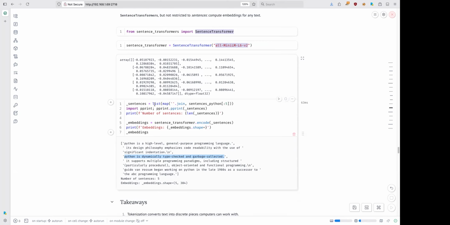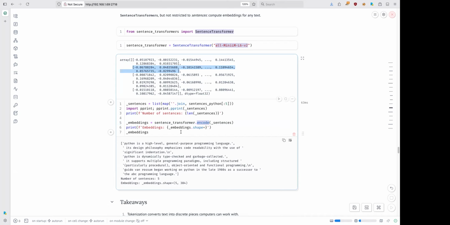Again, we get our sentences. What do we do next? We just literally say SentenceTransformer encode sentences, and as a result, we get this matrix. The first row contains the embedding for the first sentence, the second row has the embedding for the second sentence, and so on and so forth.